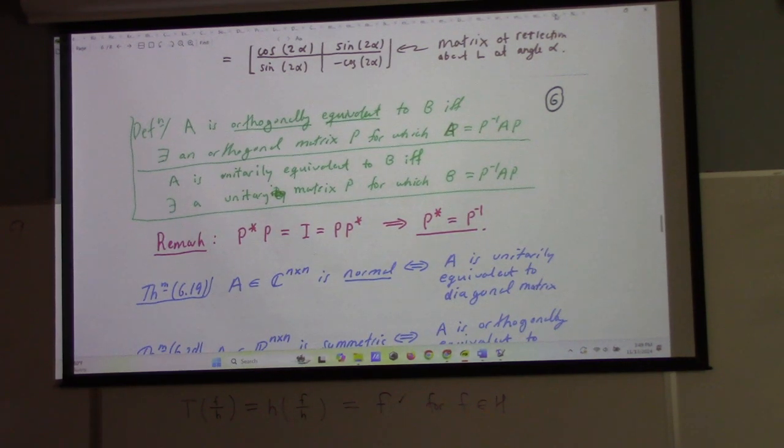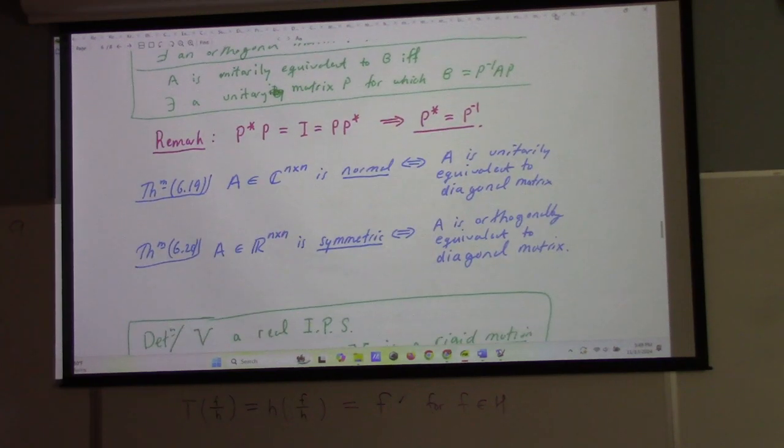So what this all means, two takeaway messages here. A complex matrix is normal if and only if A is unitarily equivalent to a diagonal matrix. So that means that we can choose a coordinate system that will similarity transform A into a diagonal matrix.